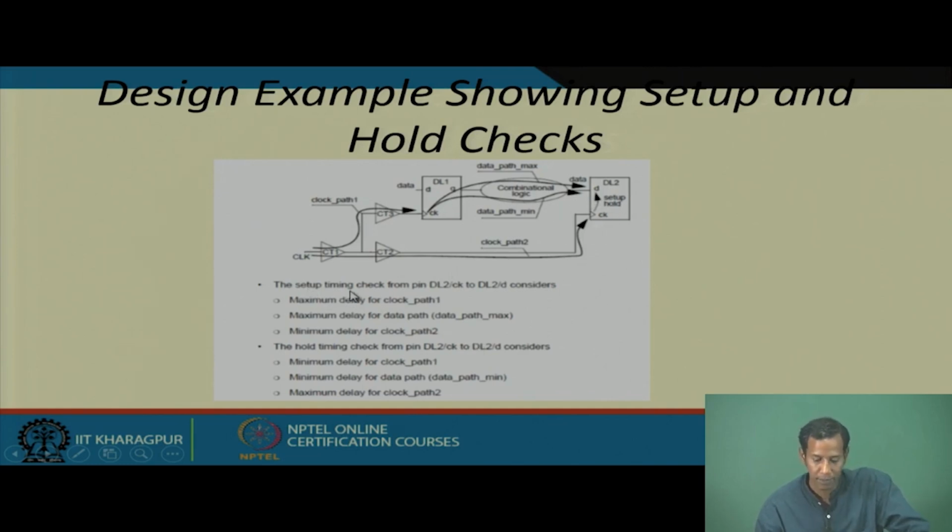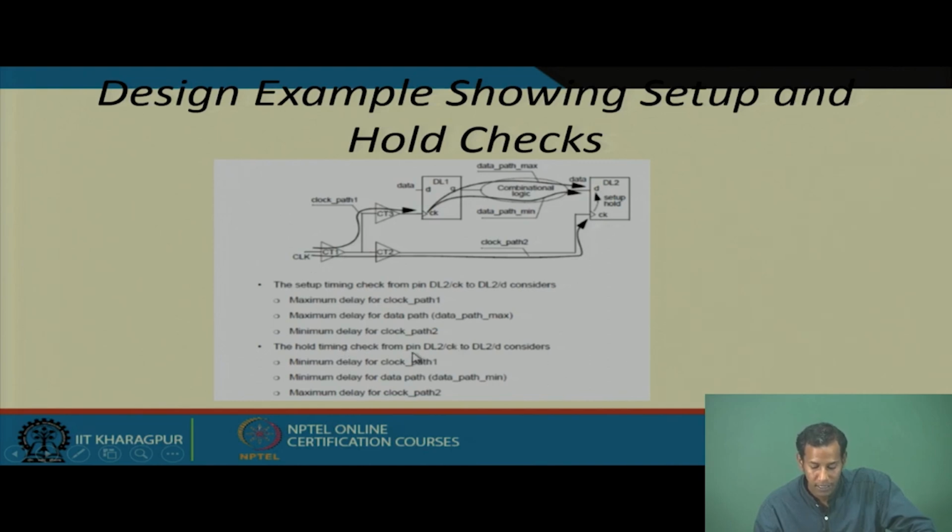The setup timing check from flip flop 2's clock pin to flip flop 2's D pin will consider the maximum delay for clock path 1, the maximum delay for the data path, as well as the minimum delay for clock path 2.